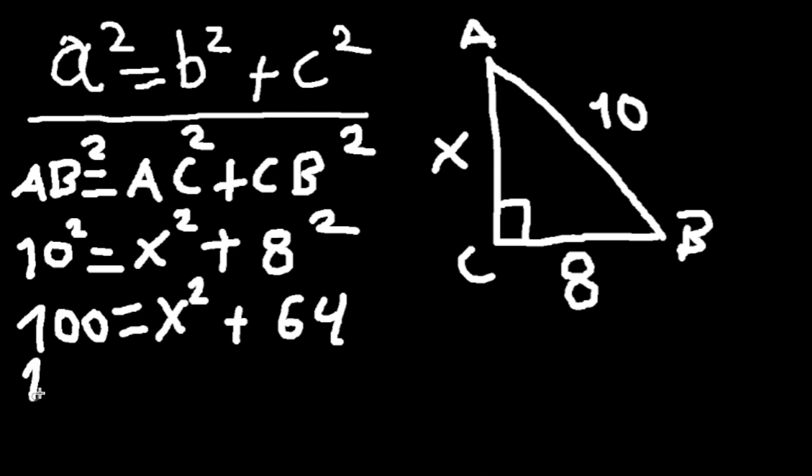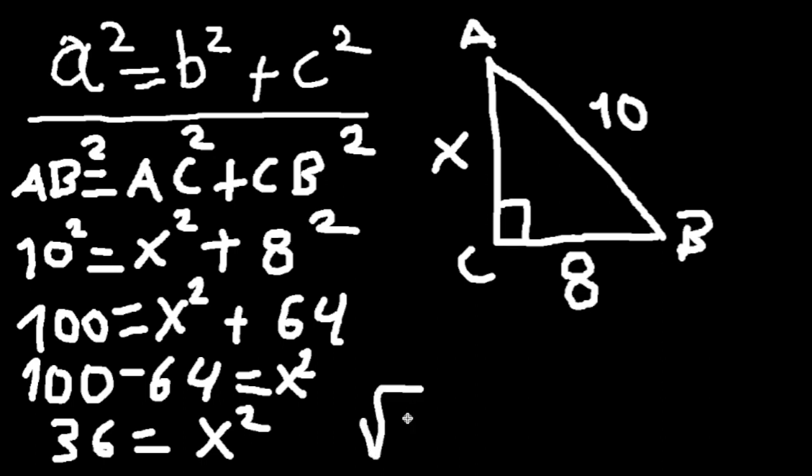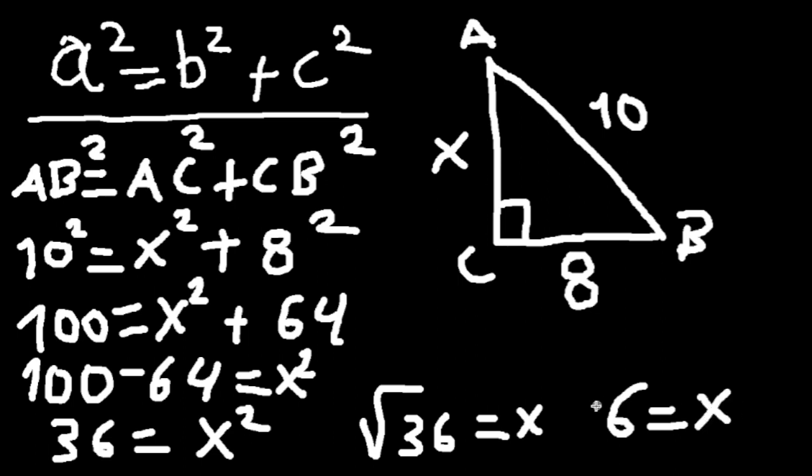So we do 100 minus 64, since this is moving to the opposite side, and that's equal to x squared. That's 36 is equal to x squared, and just like before, we do the square root of 36 equal to x, and that is just equal to 6. So 6 is equal to x. So x is just 6.